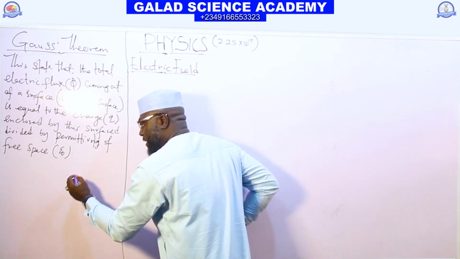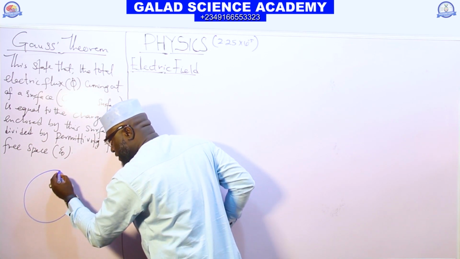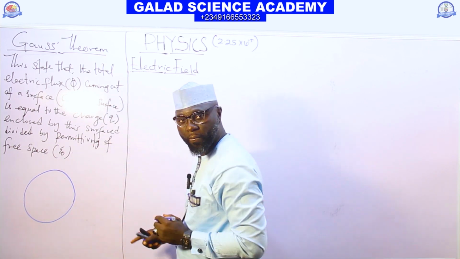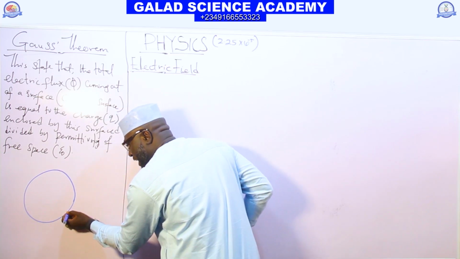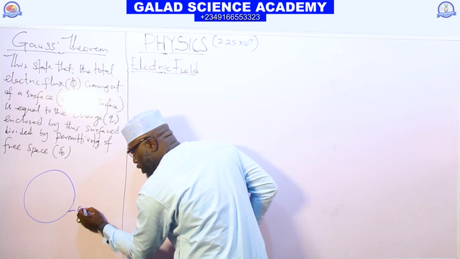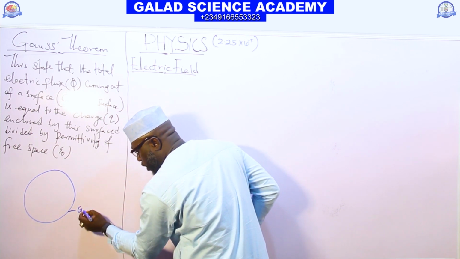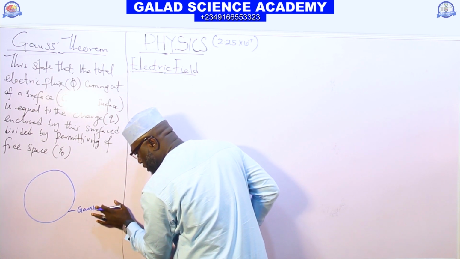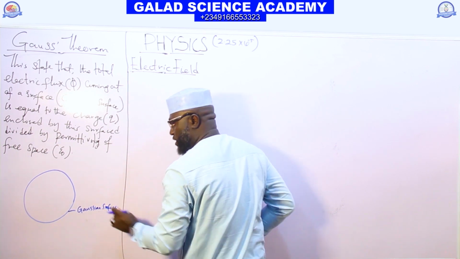Assume that this is a spherical surface. Can you see it? This is a spherical surface. This surface we have here is what we call a Gaussian surface.